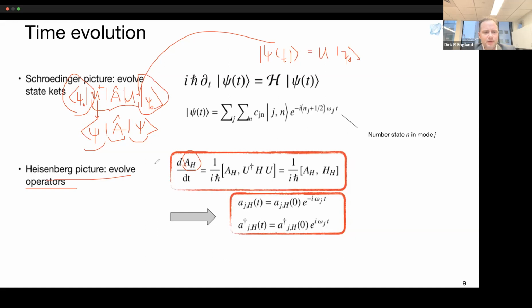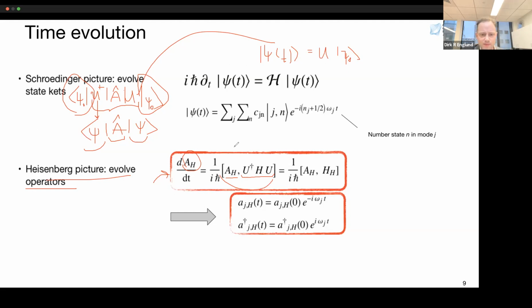In particular, if we do this, then we can find for the general case that there's this equivalent of the Schrodinger picture, this Heisenberg picture, differential equation for the evolution of the operator, which is given by the commutator of the operator with the Hamiltonian.